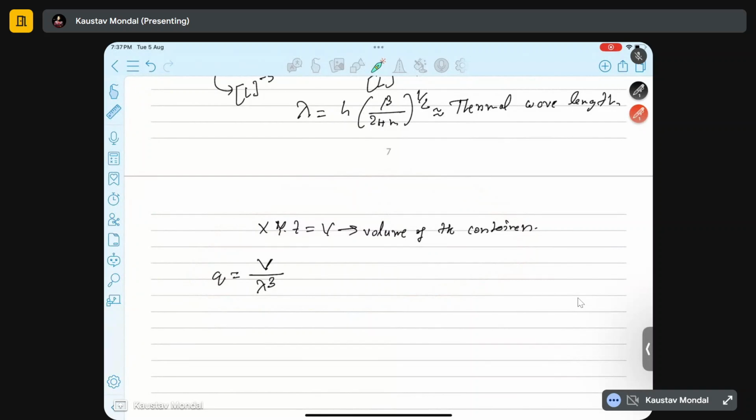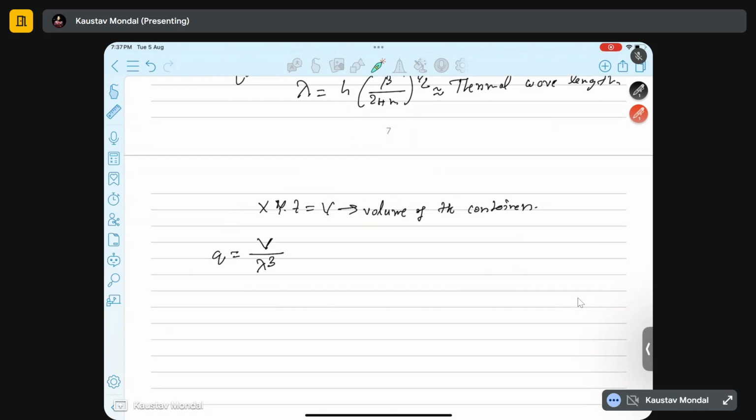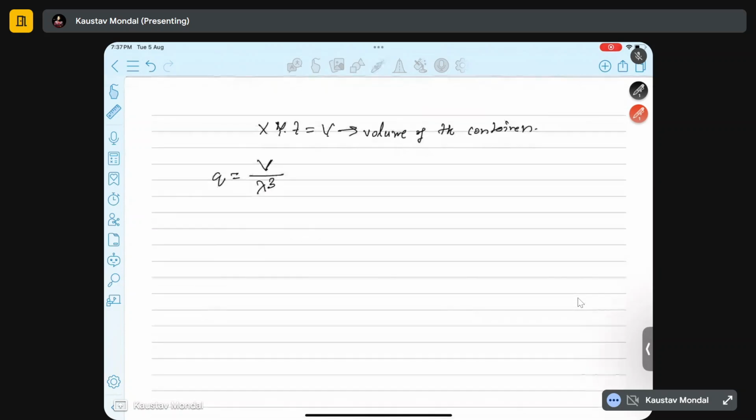Now we will do some problems based upon this concept. The first problem that we will do, let me write it.